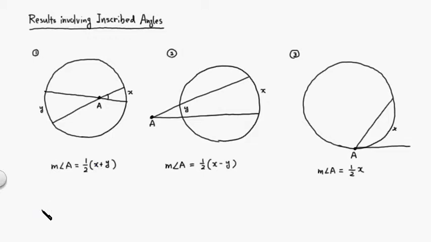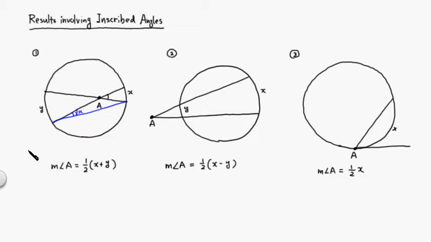Alright, so let's do that. The easiest way to look at it is probably to add a segment right here. We know that the angle here is going to be 1/2 of the corresponding intercepted arc, since this is an inscribed angle, and the arc is x, so this is going to be 1/2 x.